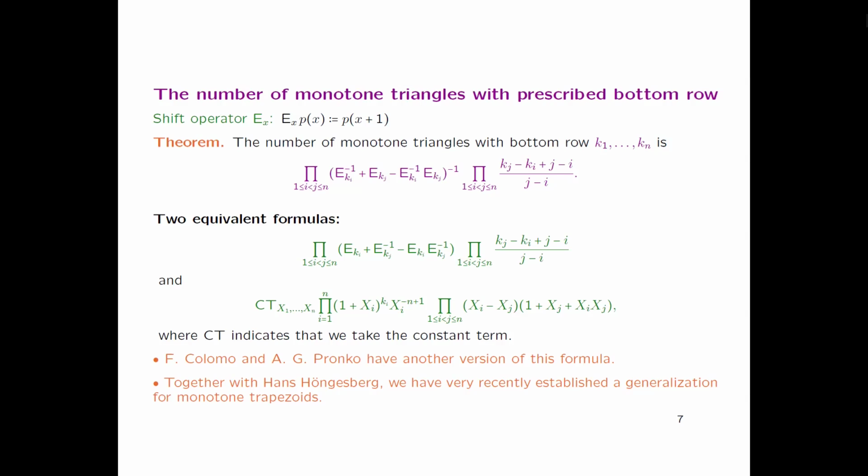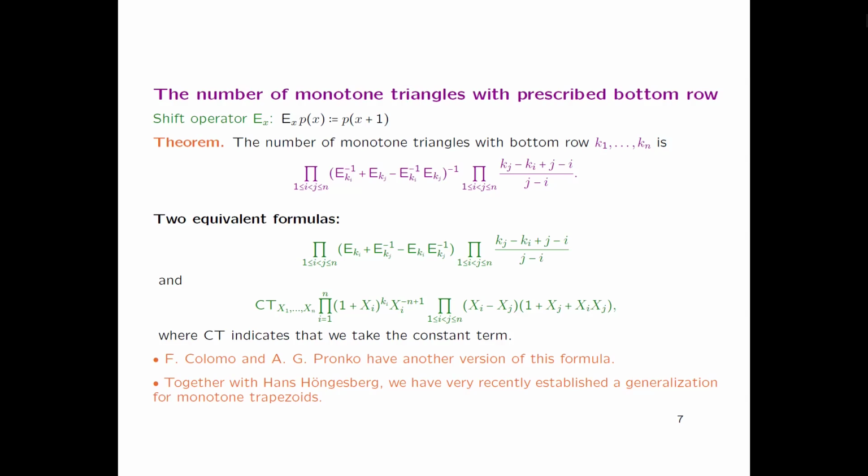Okay, so this product over i less than j of (kj minus ki plus j minus i) divided by (j minus i), that's the number of Gelfand-Tsetlin patterns. And this product of operators actually makes sure that we have strict increase in a sense. And I'm going to explain on the next slide why this is the case.